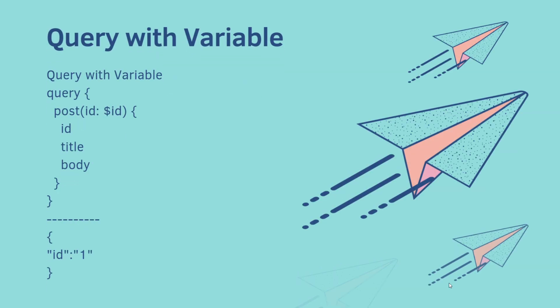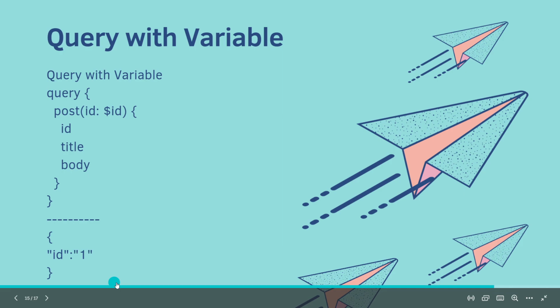Okay, if I want to make it dynamic, I can use it with a variable. The variable is declared at the bottom here. If you see, id is equal to 1, and this id I'm using over here.